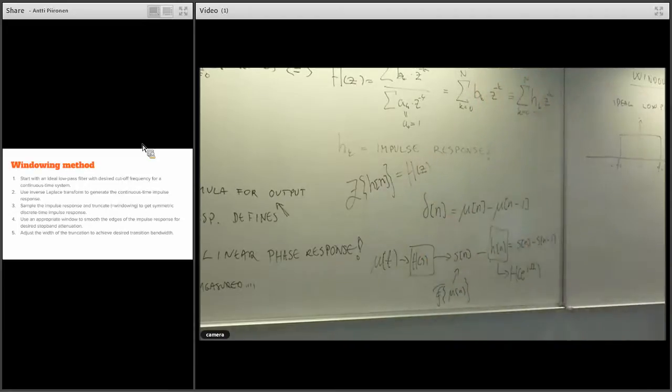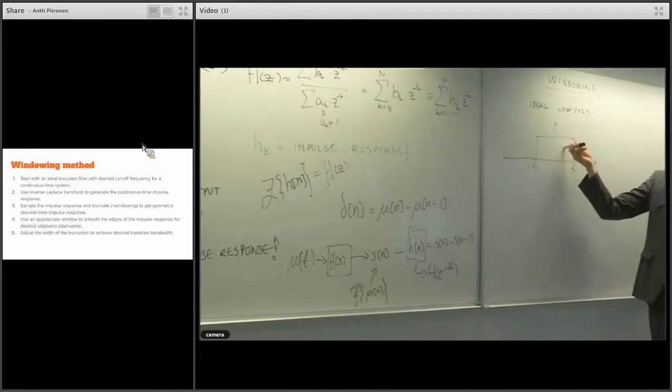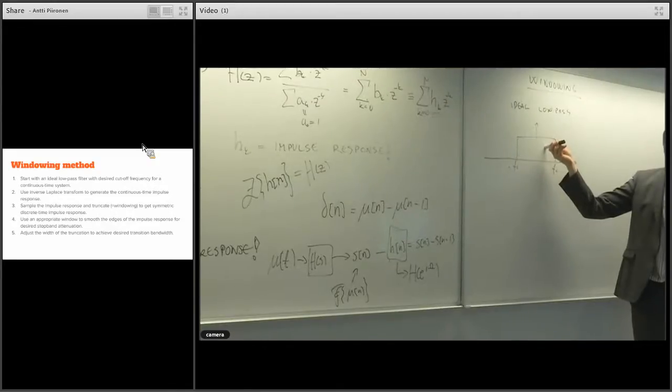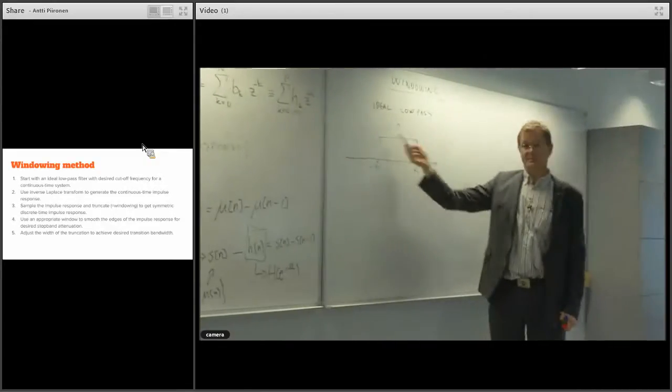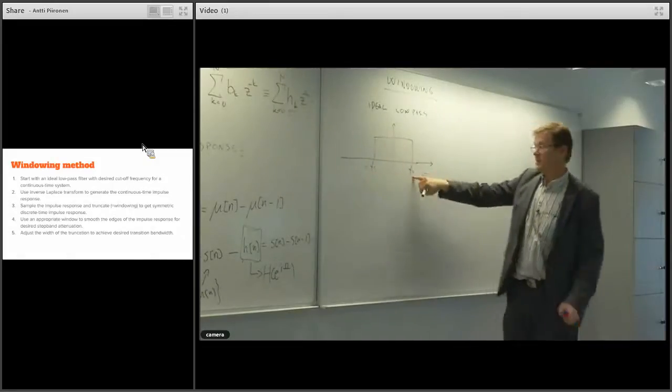So you need to know only the impulse response, or now we know the transfer function. We set up this transfer function so that it has the amplitude response of 1 between minus FC and FC.